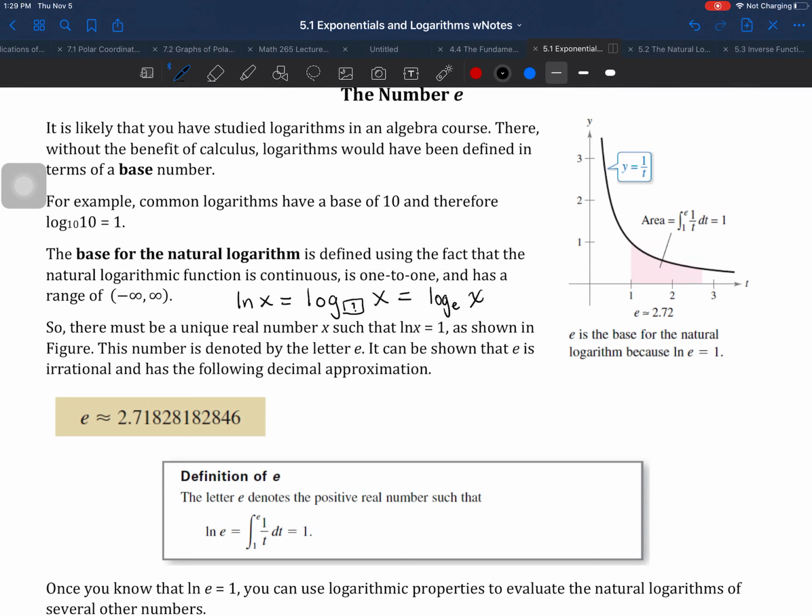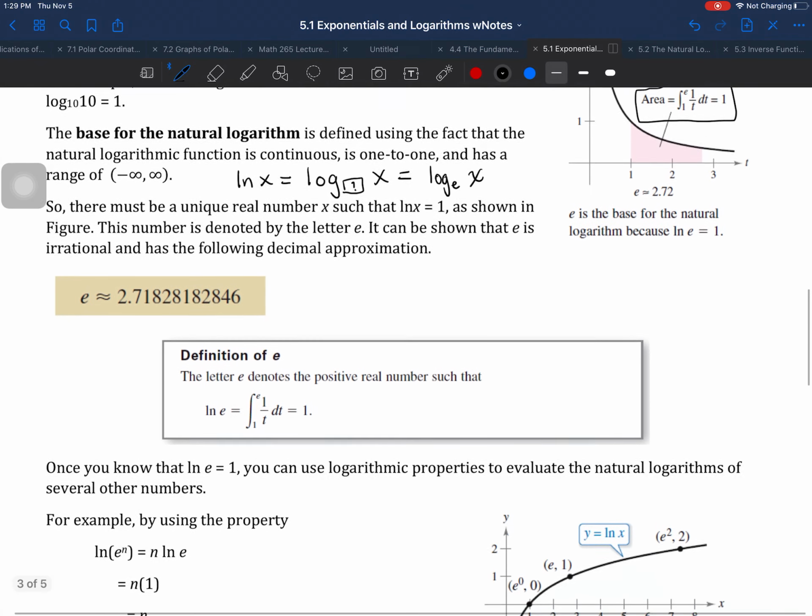So if we use the fundamental theorem of calculus, we're able to rewrite this area using the boundaries from 1 to e, and this will give us a value equal to 1.